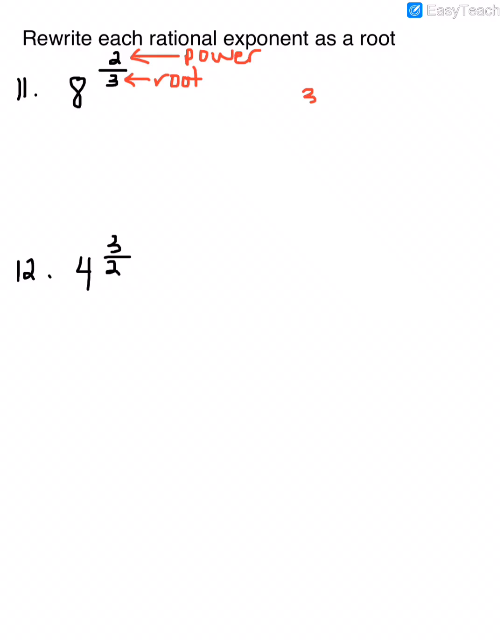So it's the cube root of 8, but all of that is being raised to the second power. For number 12, the number on the bottom is 2. So it's the square root of 4, and then my power is 3.